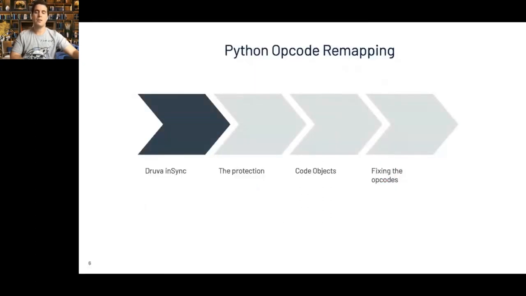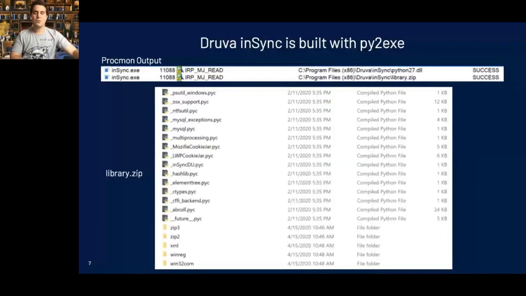First we'll talk about the Python opcode remapping, which I saw in Druva inSync. When I first started researching Druva, I realized that it was built with Py2exe. What led me to believe this is, if you look at the procmon output at the top here, you can see that when the inSync exe process launches, it loads up a Python 2.7 DLL, and it also loads up a library.zip.